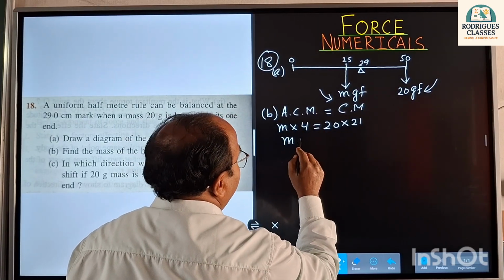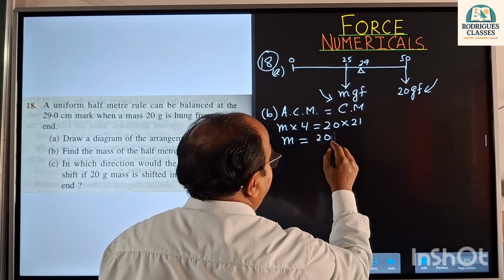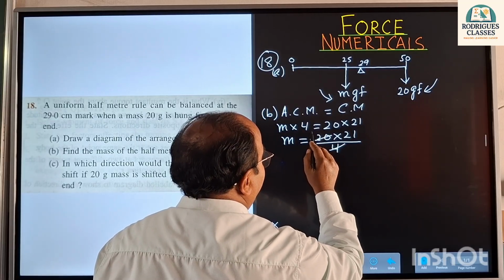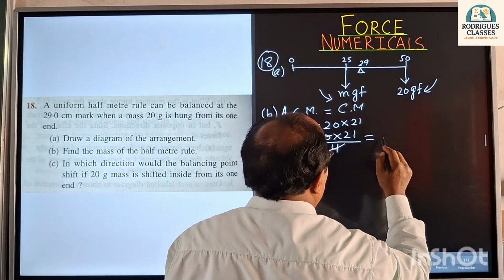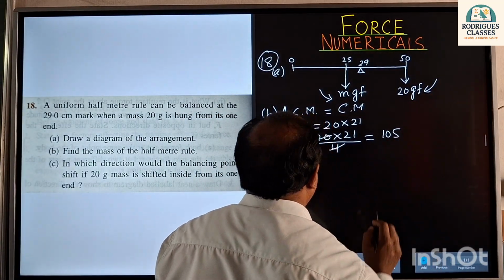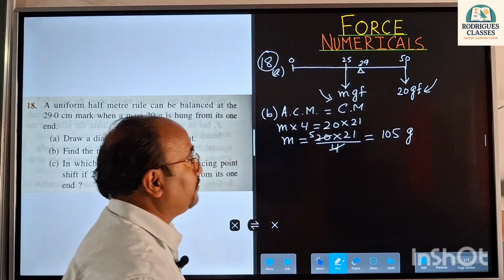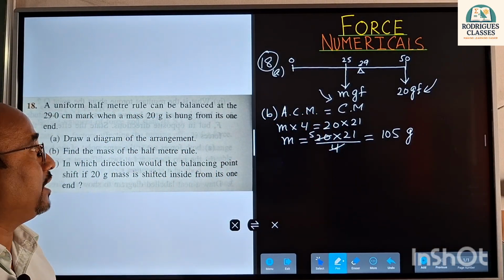So now m is equal to 20 into 21 by 4. 4 5s are 20, cancelled, so I get 105. Because we are finding mass here, 105 gram is the mass of that rule.